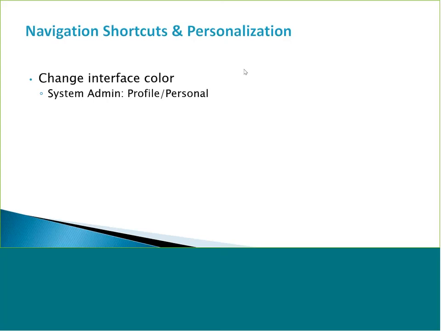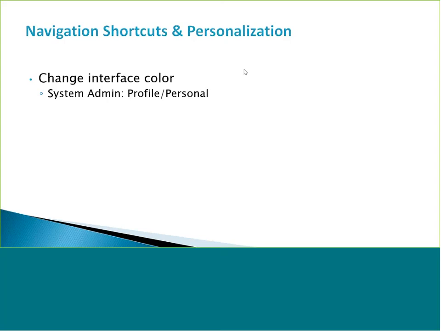So in order to avoid that confusion and avoid making mistakes, you can personalize the view of each instance by changing the color. So you can know when I see brown or when I see red, this is the production instance, or when I see blue, this is the testing instance.